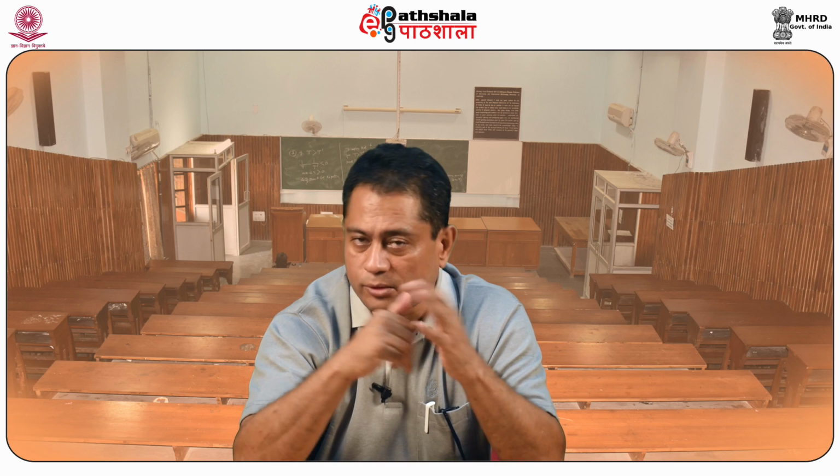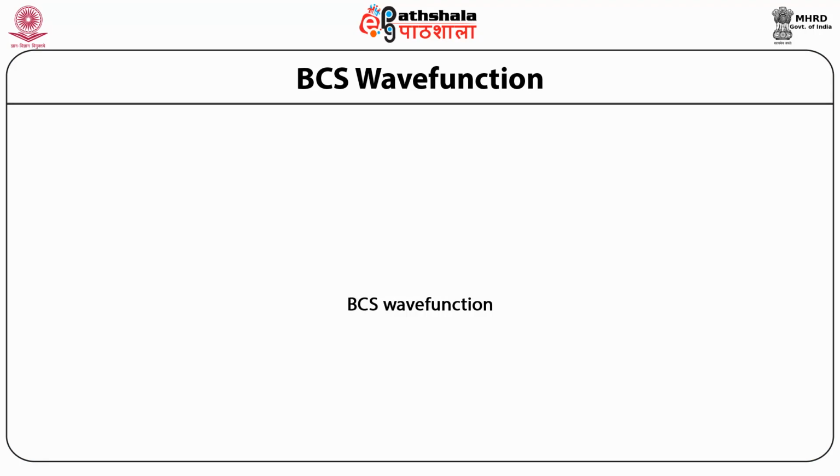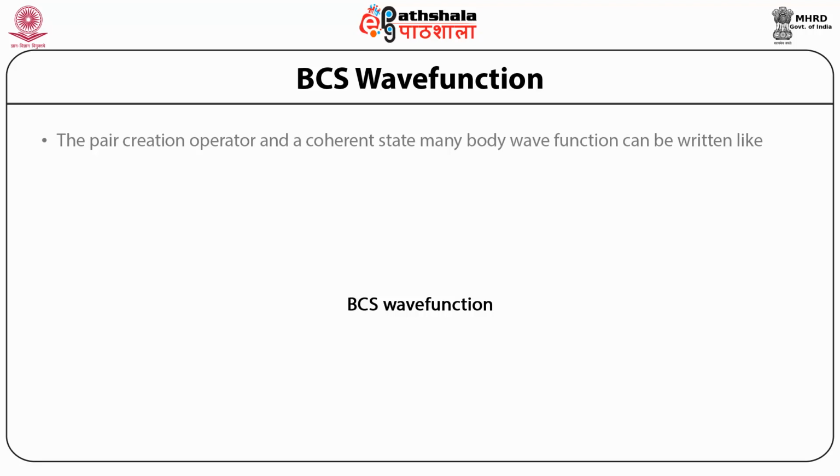He used the electron pair annihilation and creation operators, which do not follow normal Bose commutation laws. Now, for the BCS wave function that we want to talk about, the pair creation operator and a coherent state many body wave function can be written the way it is done here.